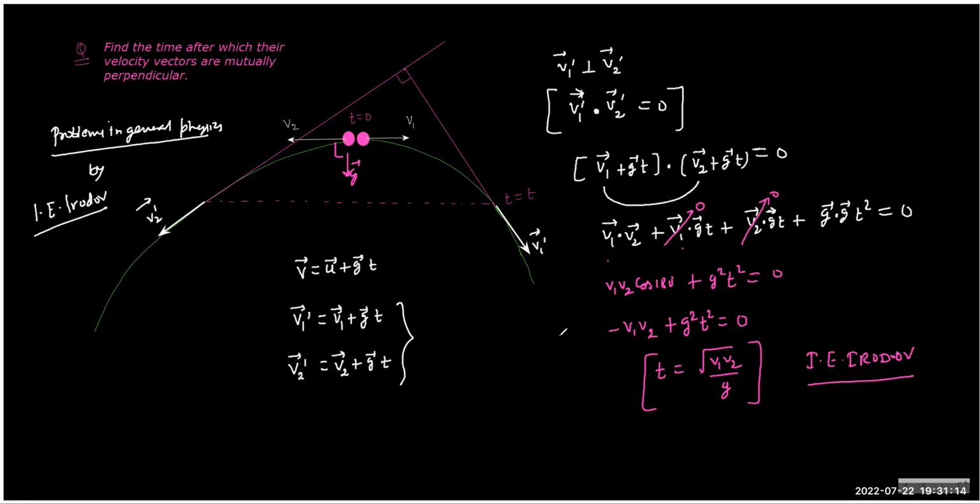So the dot product is a way to attempt many questions. I'll show you some interesting question of dot product. Okay, you can see if you want to see.